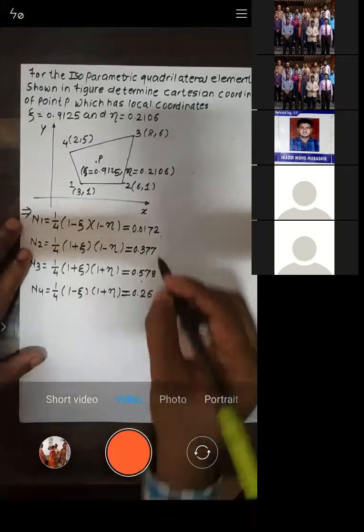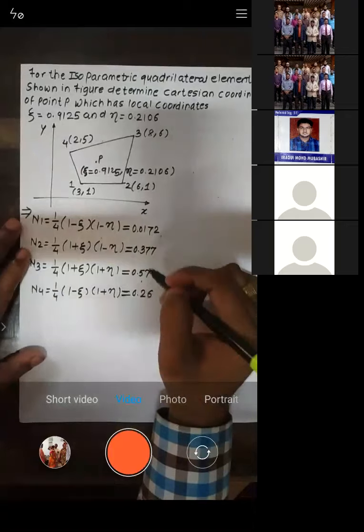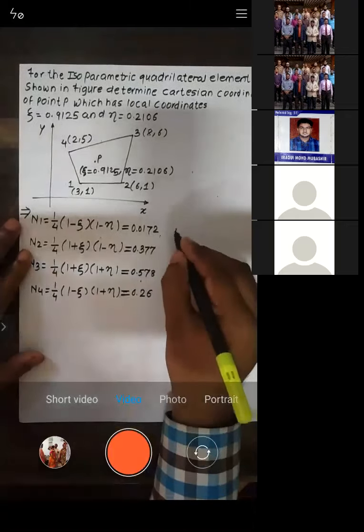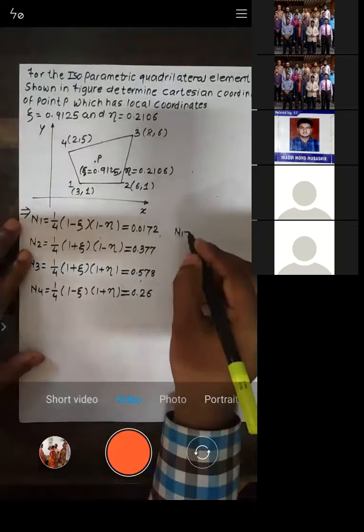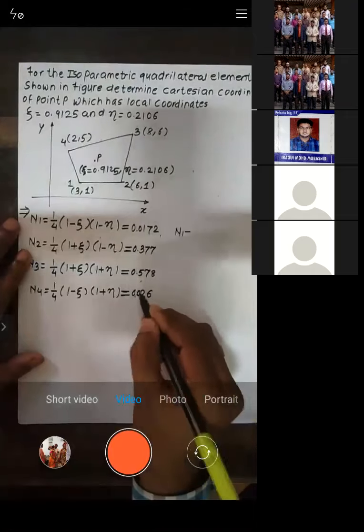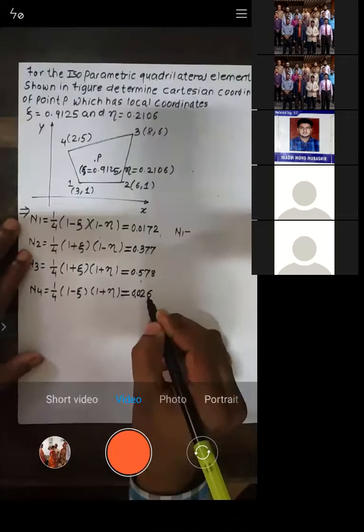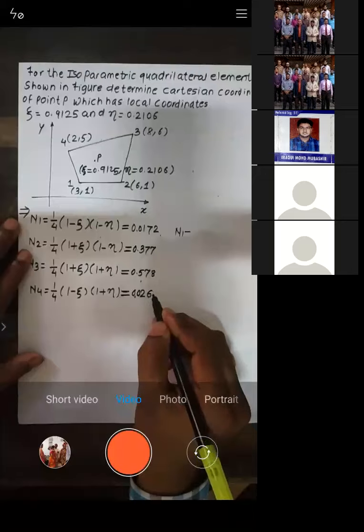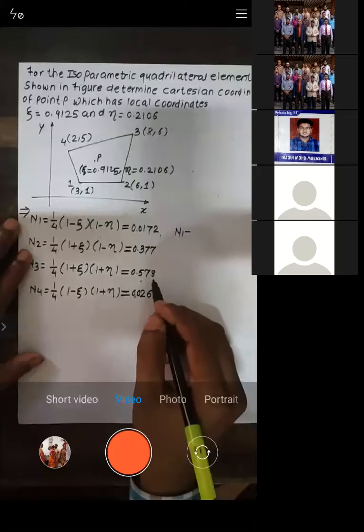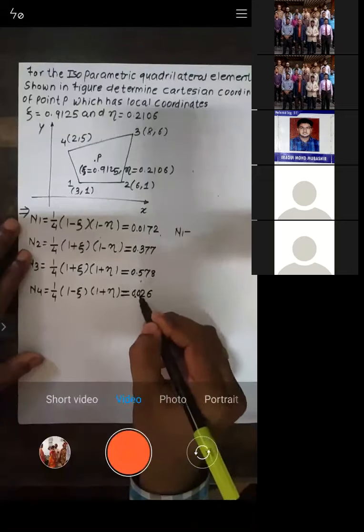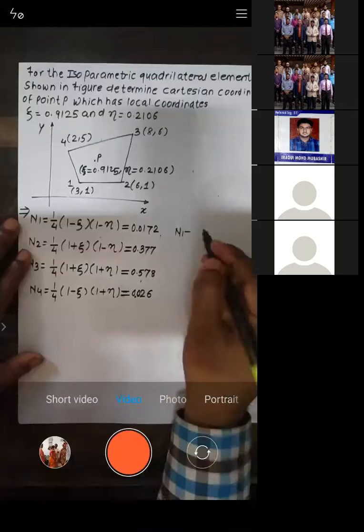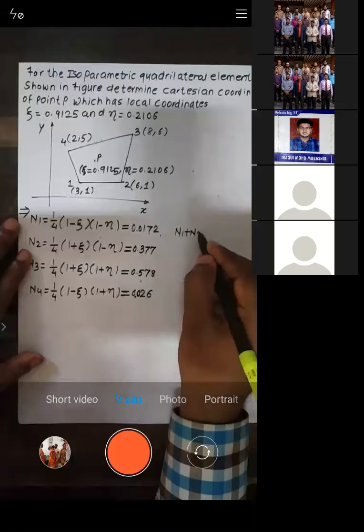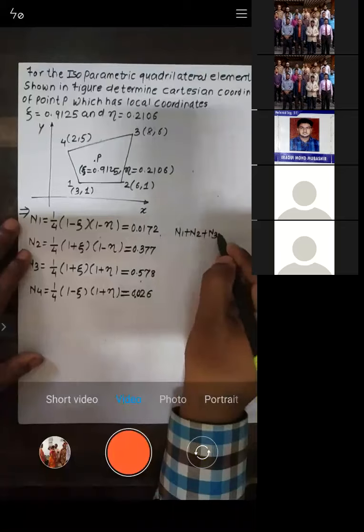Now can you add all those? Just take the addition of N1, N2, N3 and N4.